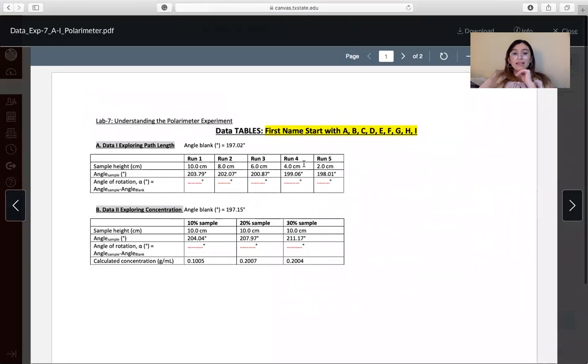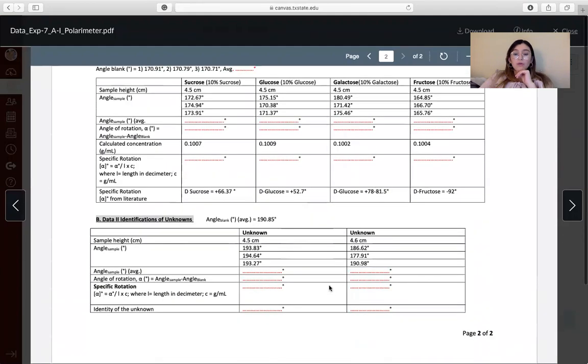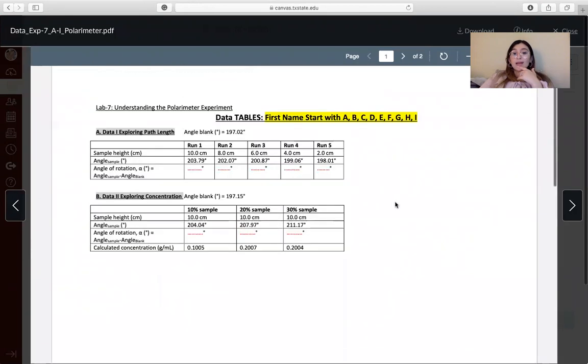These two tables are for your first part of the experiment, which is understanding polarimetry. And then these two tables are for your second part of the experiment, which is using polarimetry to identify an unknown. Now, when I said filling your tables, you also have to show your work.